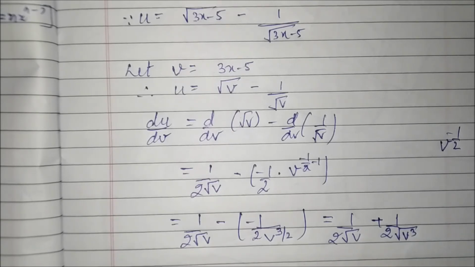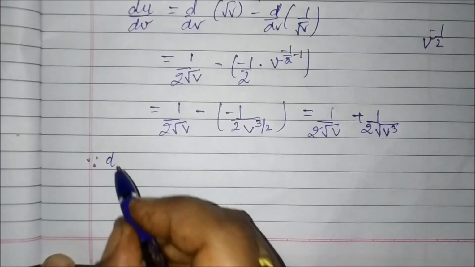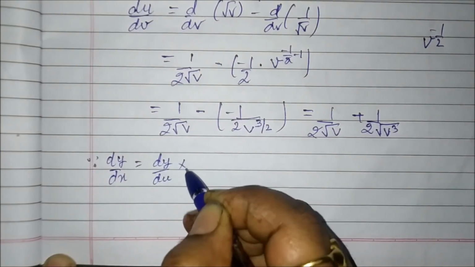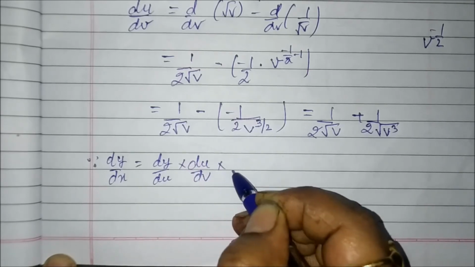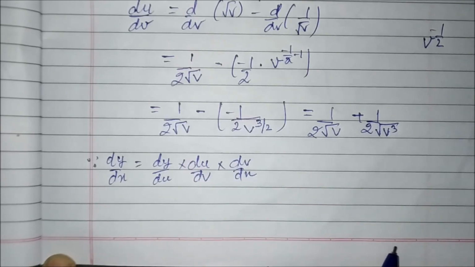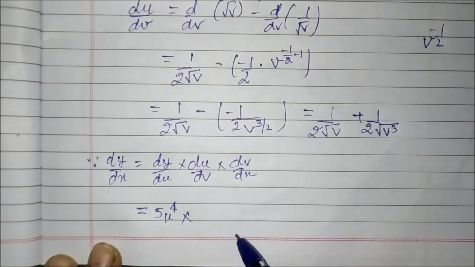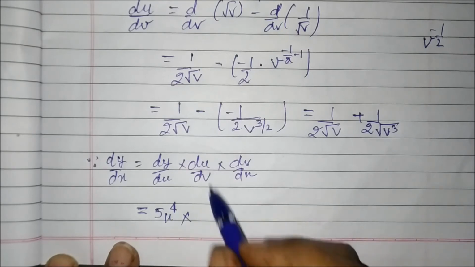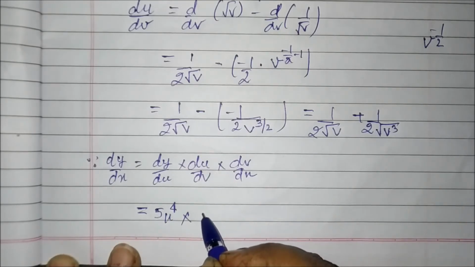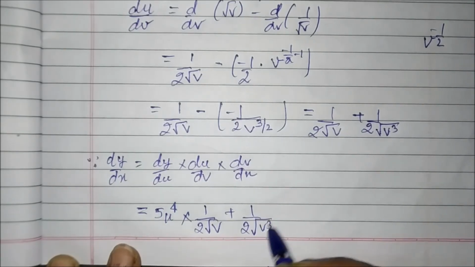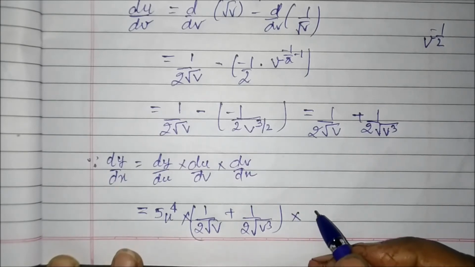Now by the definition of composite function, dy by dx is equal to dy by du into du by dv into dv by dx. Now dy by du is equal to 5 u raised to 4, into du by dv, which is 1 upon 2 root v plus 1 upon 2 root of v cube, into dv by dx.